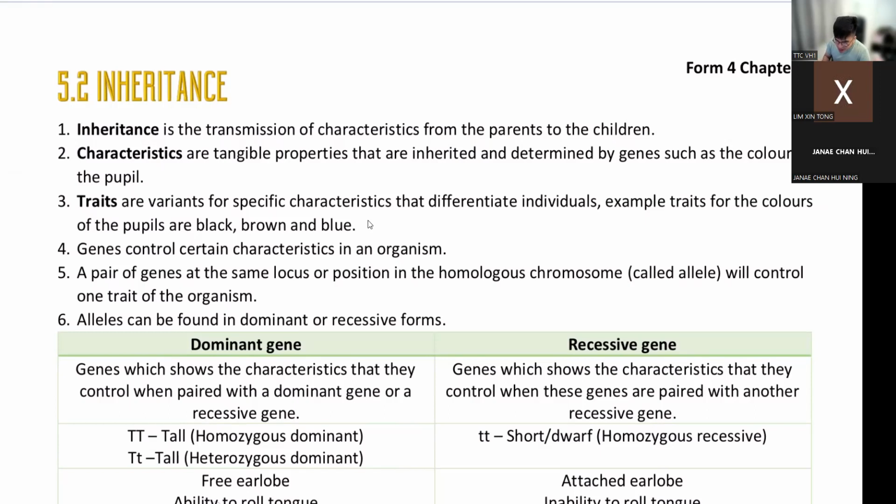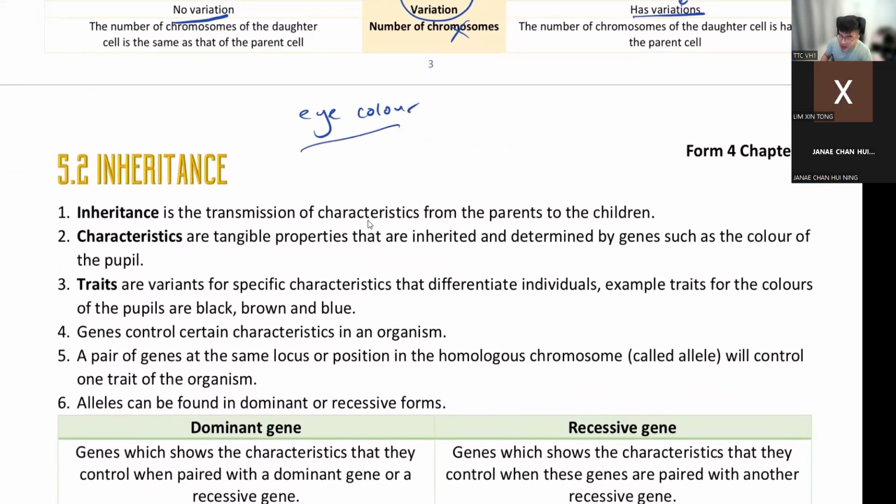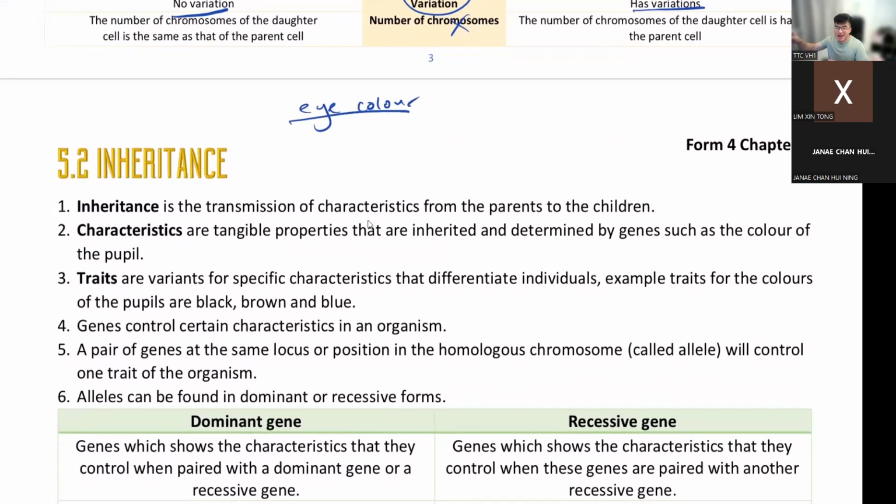So, let's look. I have 2 words I want you to know, which are characteristic and trait. They do refer to the same thing, but what's the difference? Let's talk about eye color. How many types of eye color have you seen? And what are they?